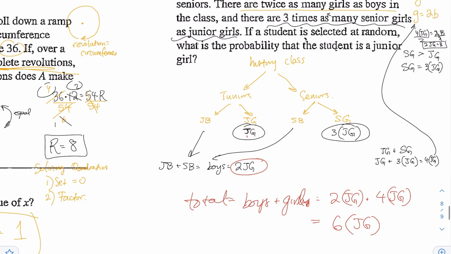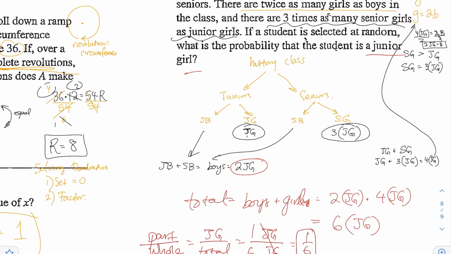And you want the probability that a student selected is a junior girl. So probability, remember, is part over whole. So that's going to be junior girls divided by the total, which is JG divided by 6 JG, which cancels out. It's like X divided by 6X. So the answer is going to be 1/6, or 0.166.